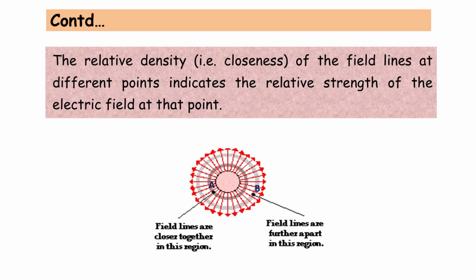That at point A, here you can see that field lines are closer. That means, this point has greater strength relative to point B. Why? Because their density is more and concentration of lines are more. That is why the relative strength at point A is more than point B, because in the region of point B, the lines are farther apart.